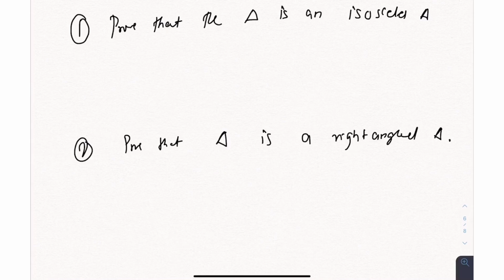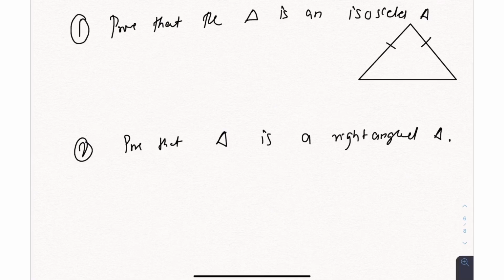Now, coming to the first question, that is how to prove a triangle is isosceles. Before that, you should know what an isosceles triangle is. I'm sure this has been done before in previous classes, but still, isosceles triangles are those triangles where two sides are equal.